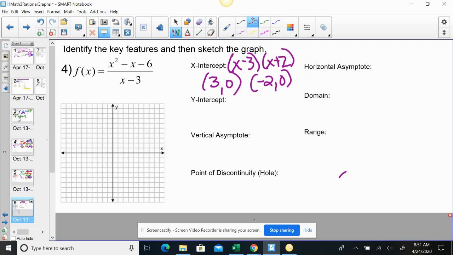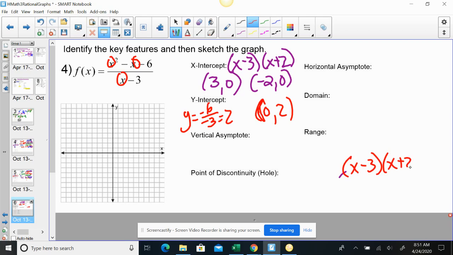Y-intercepts, we are going to sub in 0 for x. So my y-intercept is going to be -6 over -3, which is 2. So (0, 2) for that one. Vertical asymptote, now I'm going to factor this. I've already factored the numerator, x minus 3, x plus 2.